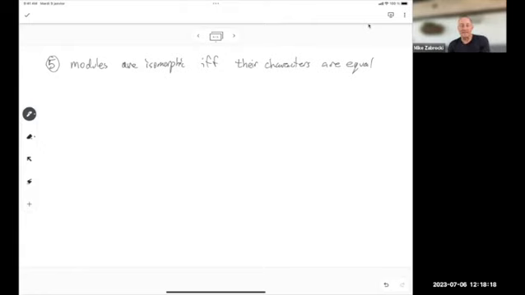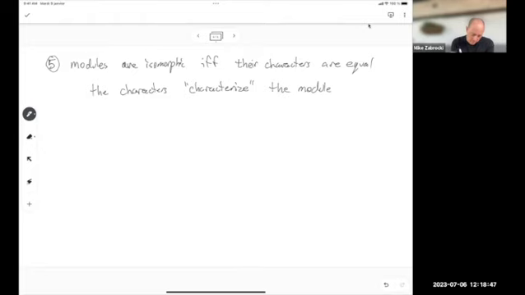In that sense, the characters characterize, and they act as a signature for the module. So once you have the character values, you can tell whether two modules are isomorphic.